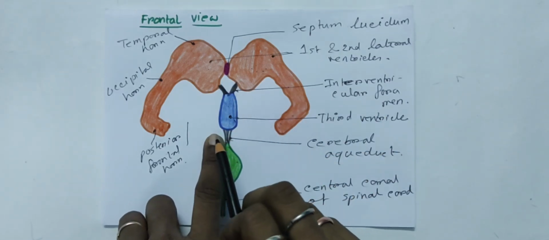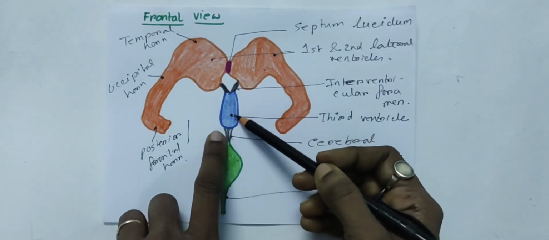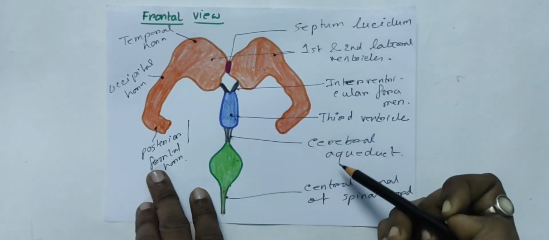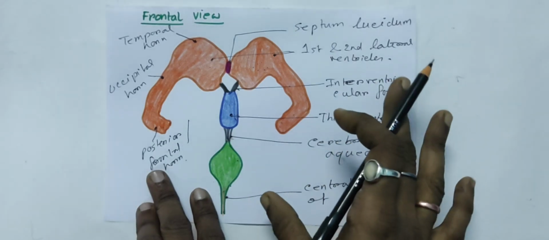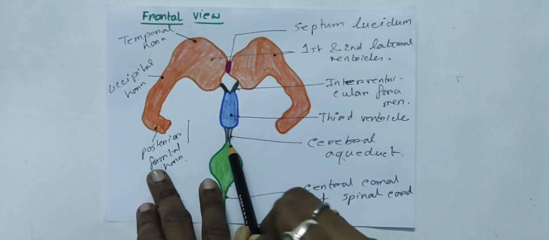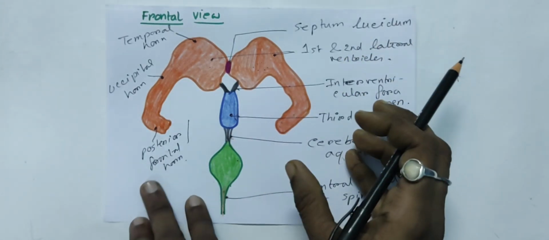Okay, and another thing is that the third ventricle is attached with the fourth ventricle by this structure, the cerebral aqueduct. In some cases, this cerebral aqueduct may obstruct, may block.